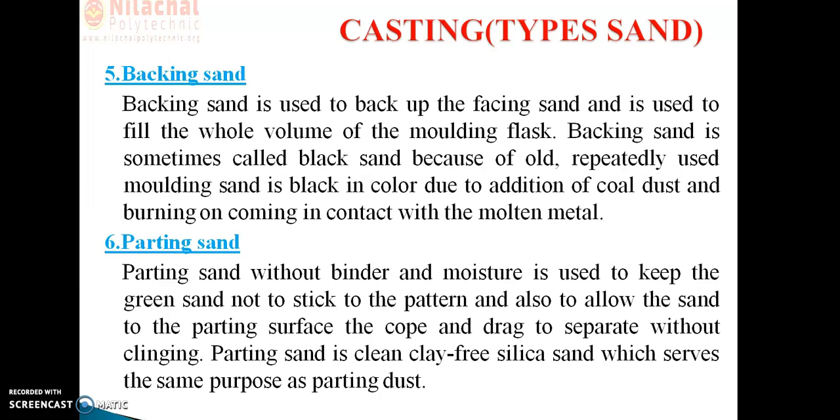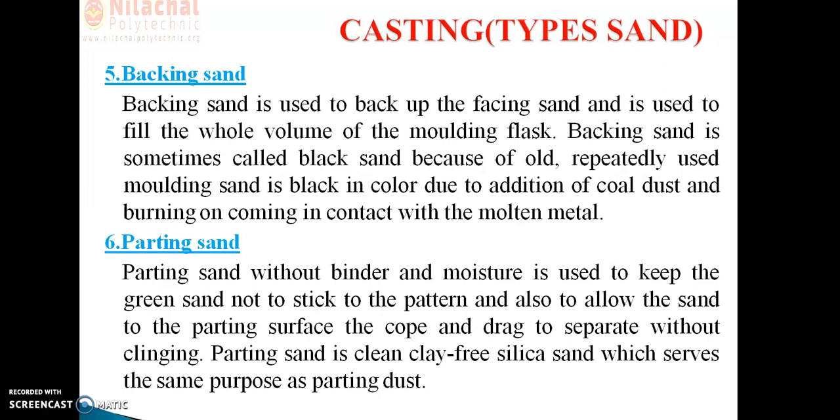For example, if a mold cavity contains 5 kg of sand, then by using backing sand we use 1 kg of fresh sand and the remaining 4 kg of backing sand.